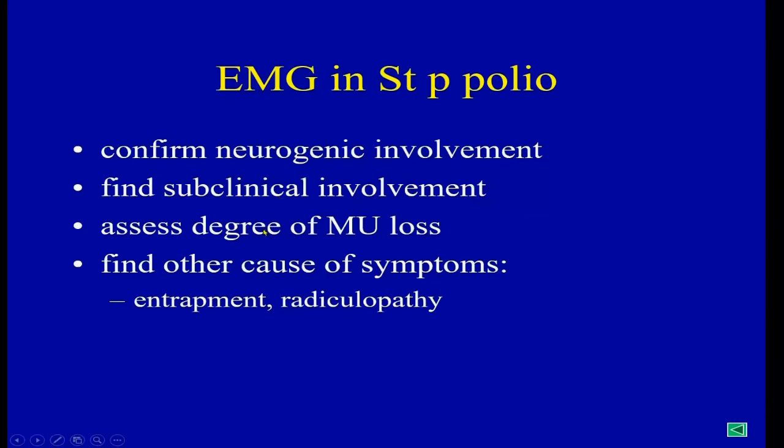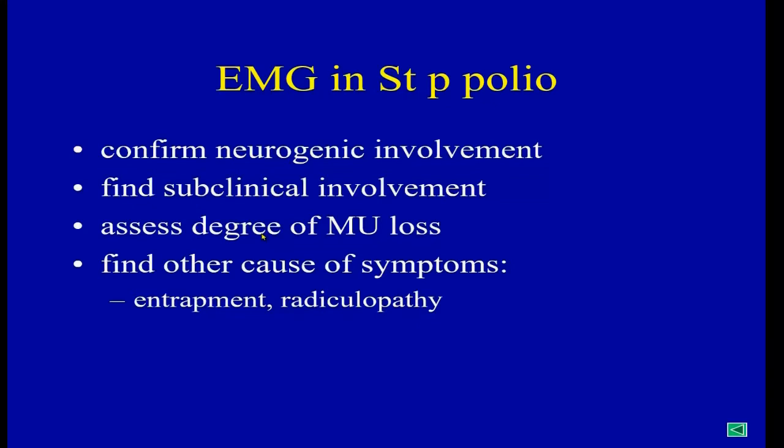One important thing is that we want to assess the degree of motor unit loss. If the patient has lost 10% or 20% of the motor units, it really doesn't matter so much, because we have enormous capacity for re-innervation.